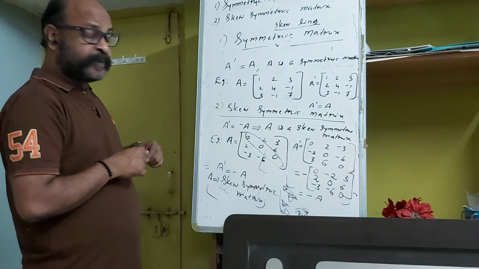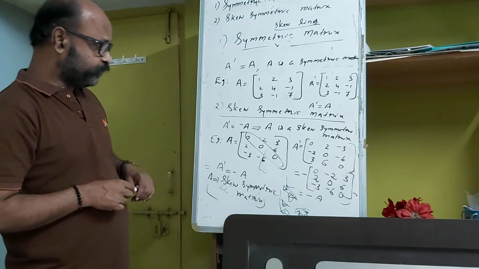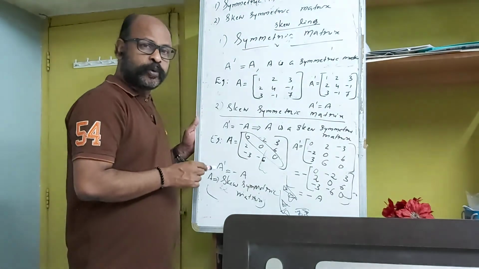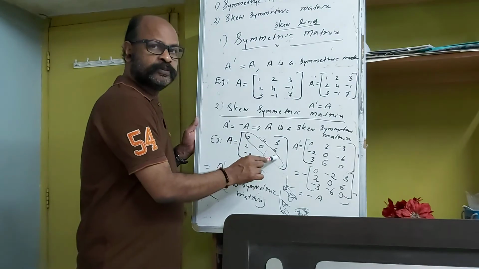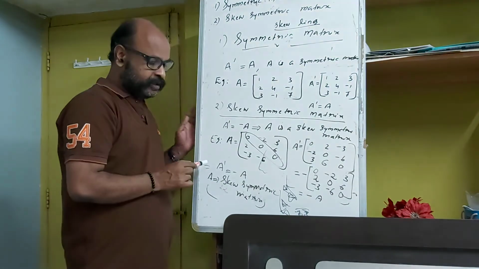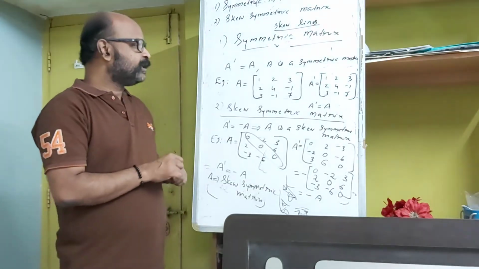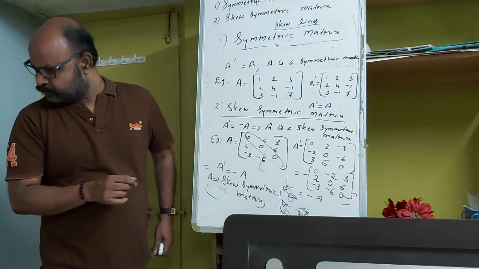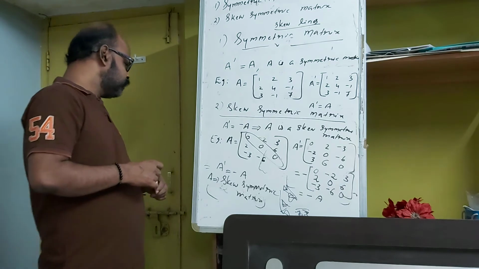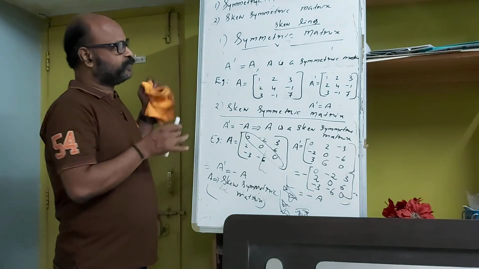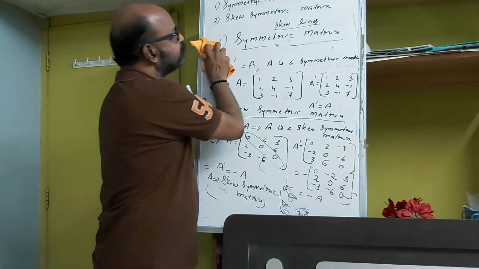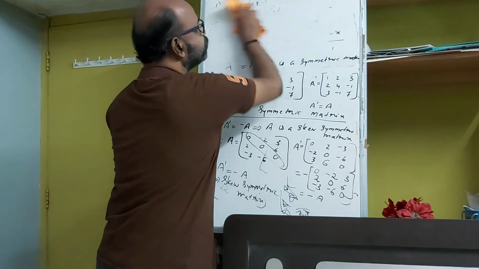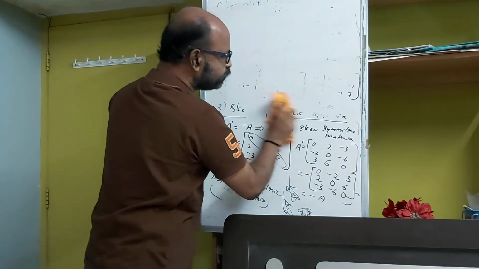Especially from the examination point of view, a question is possible on the basis of this property: the principal diagonal elements of a skew symmetric matrix are equal to 0.